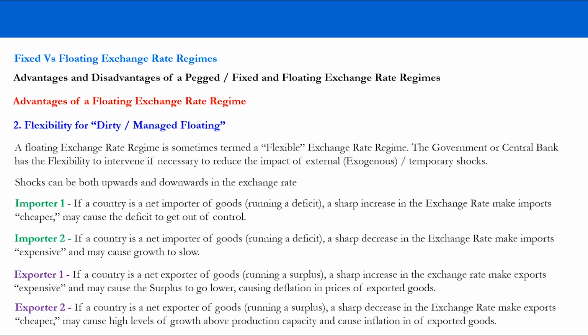And they would do that really only if there are temporary shocks to the exchange rate regime. So, for example, exogenous shocks, so shocks that are outside the central authority's control. And these shocks can be both upwards and downwards in the exchange rate. So let's look at a couple of theoretical examples here to get a better understanding of what we mean.